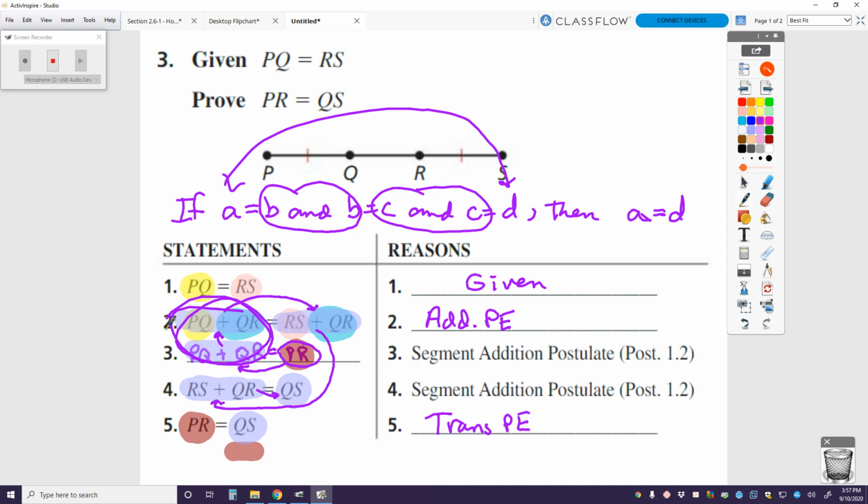They did PQ and the QR, they did the RS and QR, so they did kind of like that B and that C part right there, if that makes any sense. So I wasn't crazy about this book problem, but in the end, I think you can extend it out just a little bit there to see that they really use the transitive property twice. I probably would have done it as two separate steps, personally. Okay.